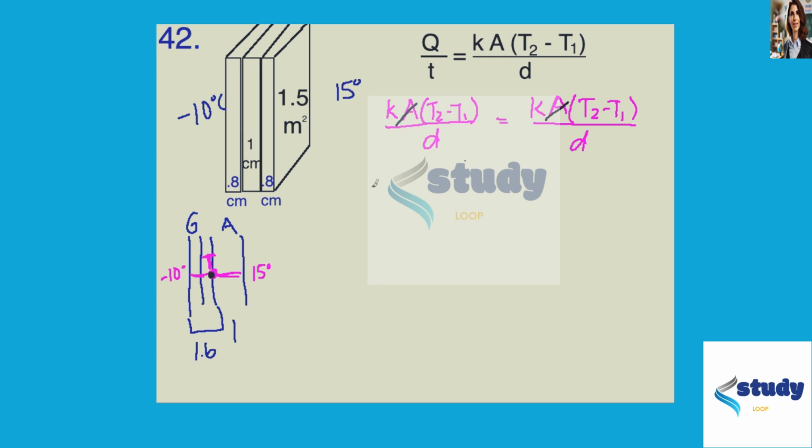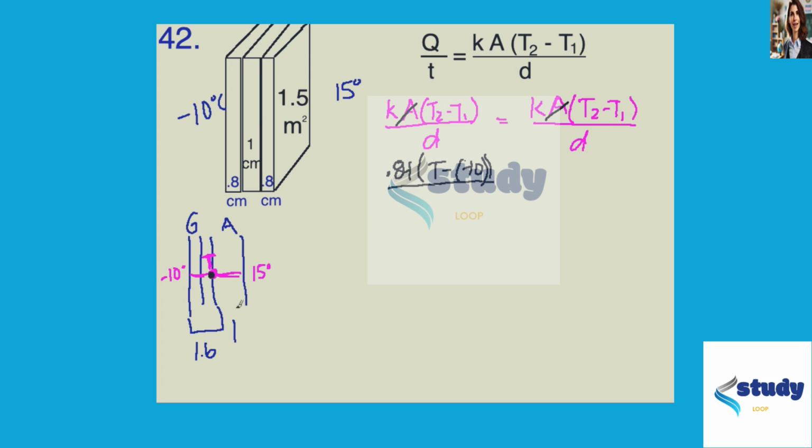I can look up on table 14.3 that the thermal conductivity for glass is 0.84. My temperature is going to go from that to that, so my T2 will be T and my T1 is negative 10.